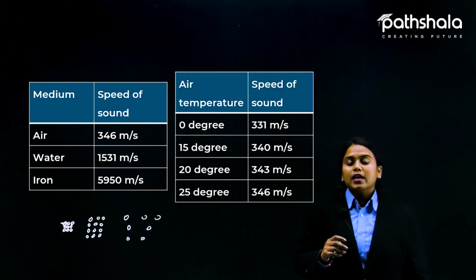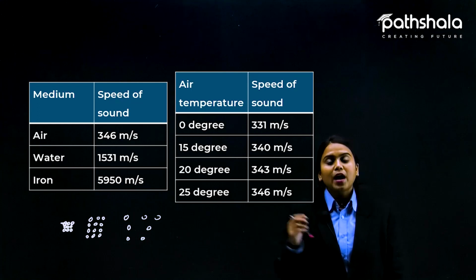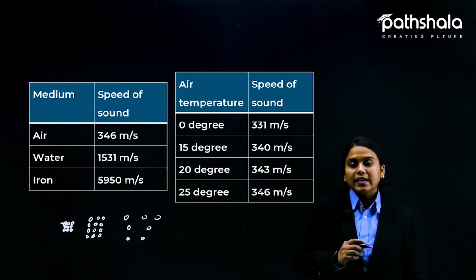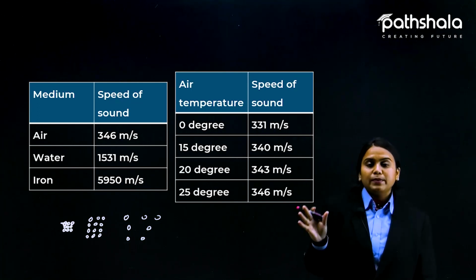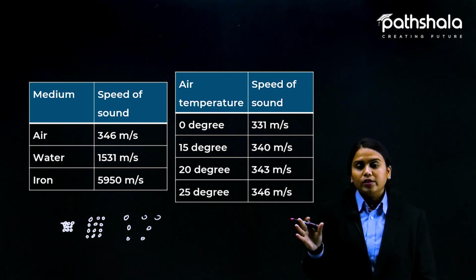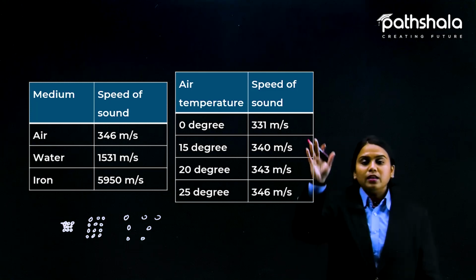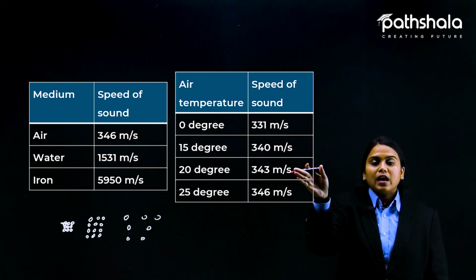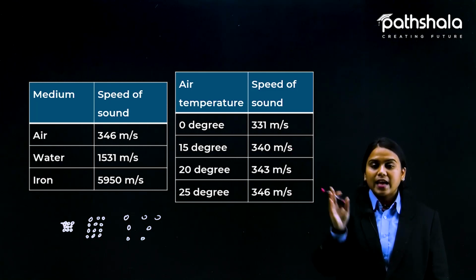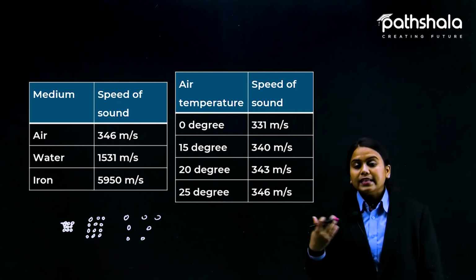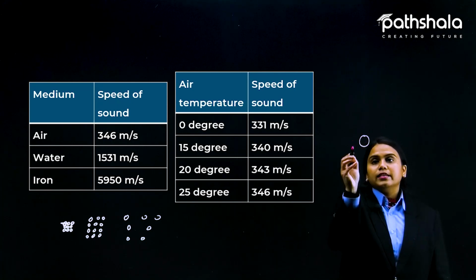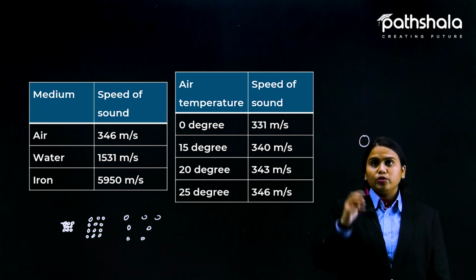Okay, so the other thing is the temperature part now. You can see that with temperature, the speed of sound again varies. At 0 degrees it is the minimal, and when we increase the temperature, as I have told you, the particle is here and the temperature is going to rise.